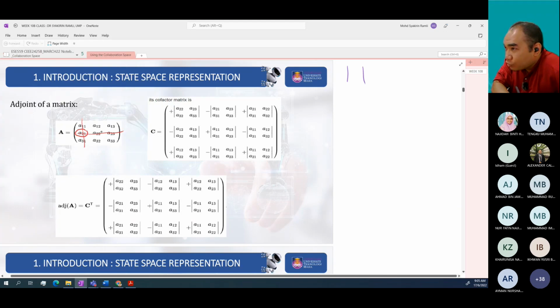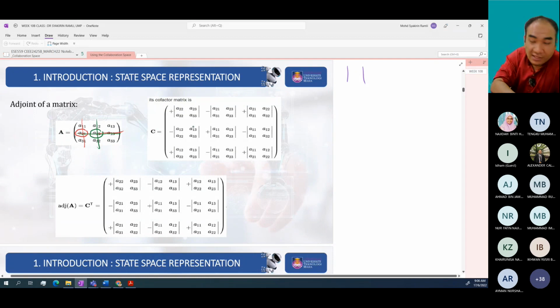Kan, kamu bayangkan kita tutup yang ini, kemudian kita tutup ini, kita tutup yang ini. And then it's going to be A11, A13, and then we got A31, A33, and we compute the determinant for this particular matrix.